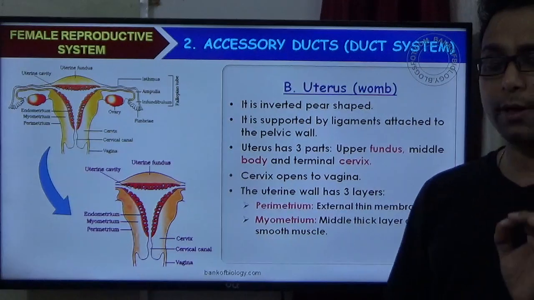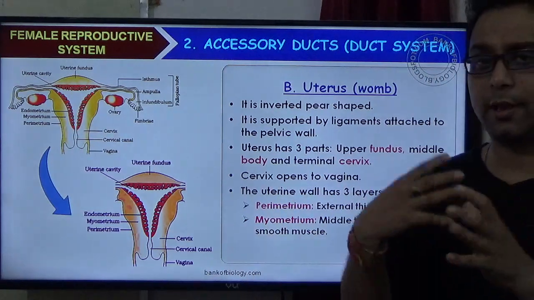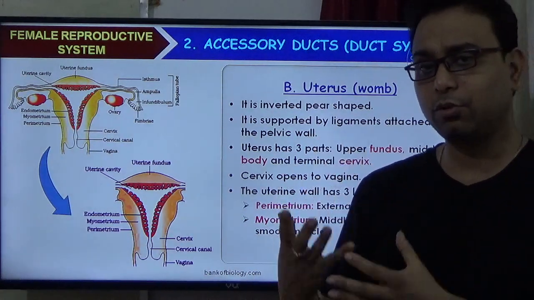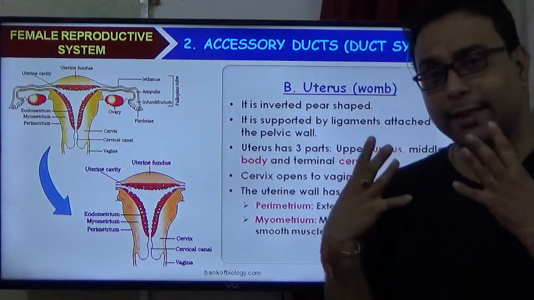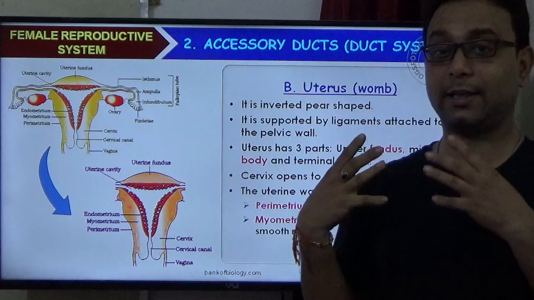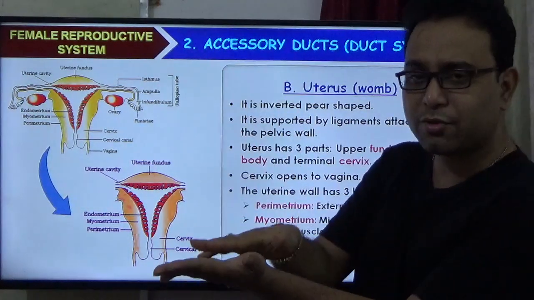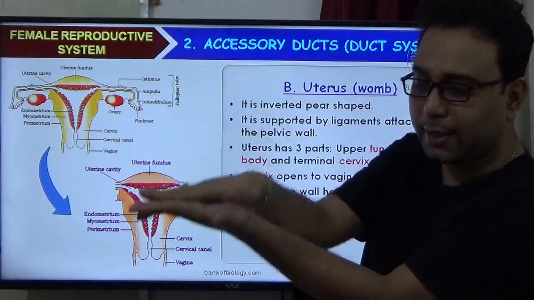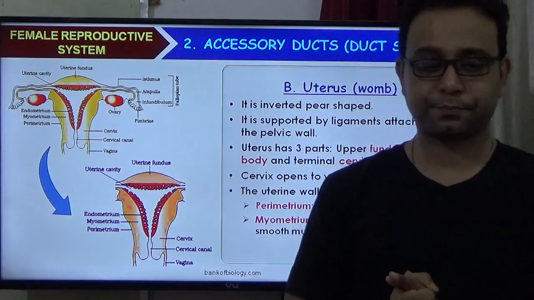But most important is the middle thick main muscular layer, which has smooth muscle, the myometrium. It plays an important role at childbirth, when its smooth muscles contract, which helps the childbirth.